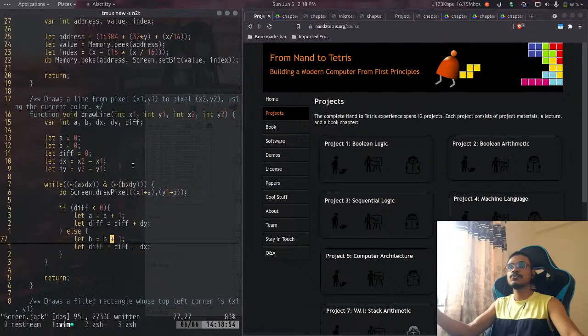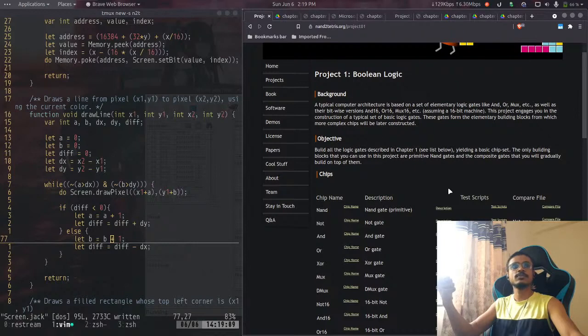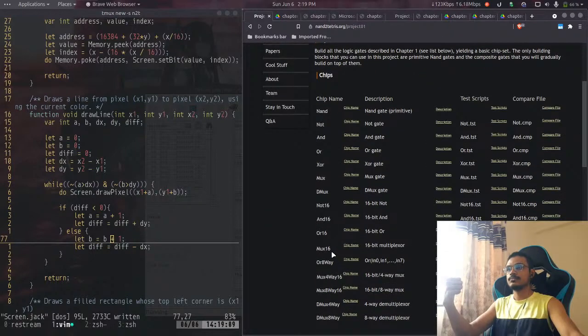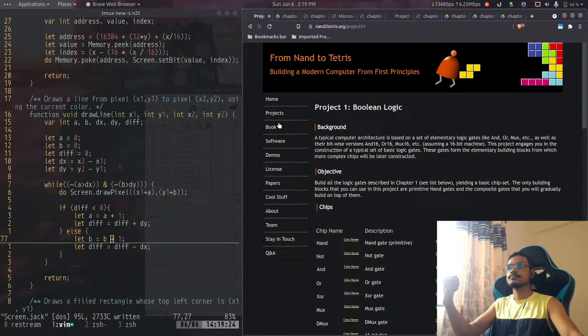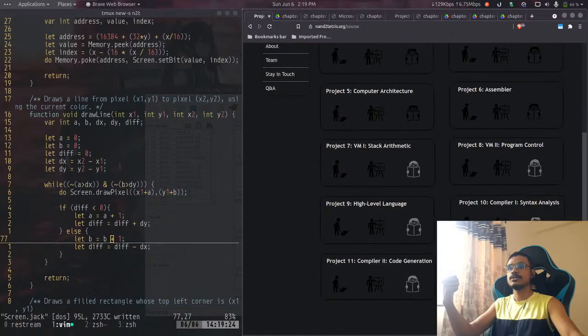The only thing I used outside of this course was Python to create the compiler. Even the language that I designed the chips in, HDL, was part of this course. It is somewhat similar to Prolog, if you know about hardware design. Yeah, this course is cool. And I did all the projects, sequential logic, machine language, and I'm at the final project now.